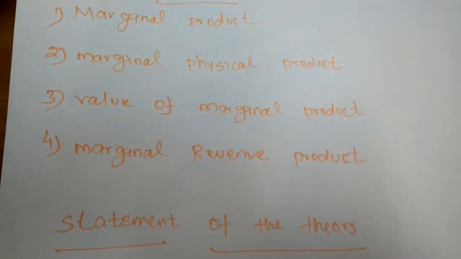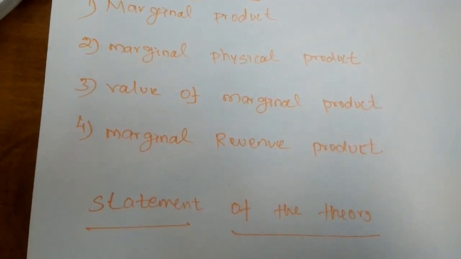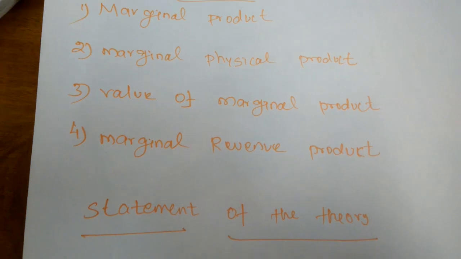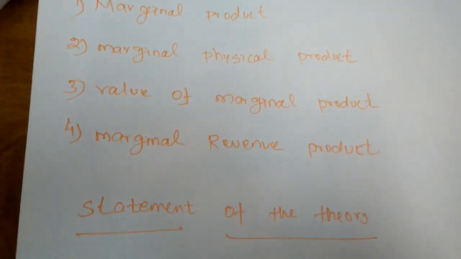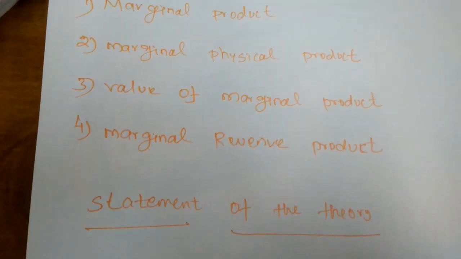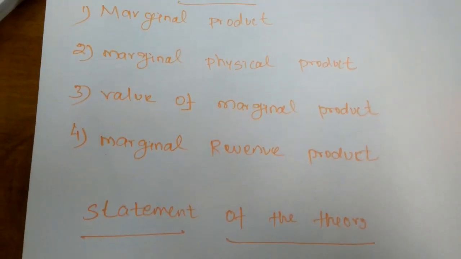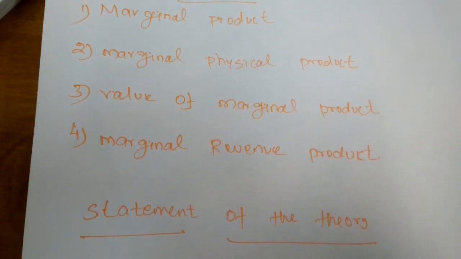Next, value of marginal product. The value of marginal product is obtained by multiplying the marginal physical product of the factor by the price of the product. Suppose 5 pens, 1 pen is 2 rupees, and 5 into 2 is 10 rupees.